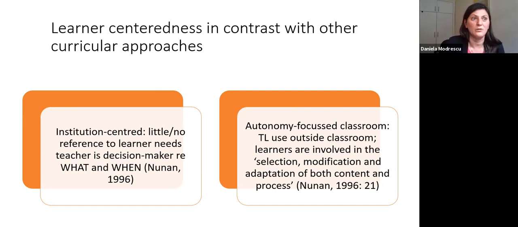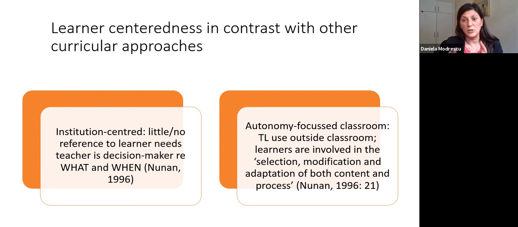Why do we need to know? What motivates you? How good do you want to be? What's your ideal self as an English language speaker? So there's a very strong distinction between an institution-centered English course curriculum design and a learner-centered one.